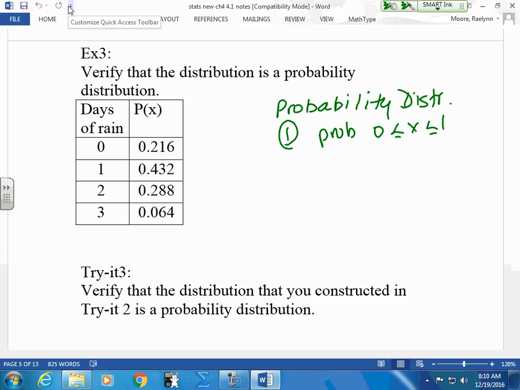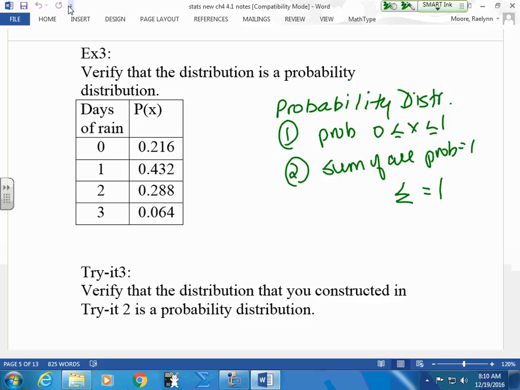Fraction, decimal, even percentages, that's fine. The second one says the sum of all probabilities for that particular thing has to equal 1. You'll see this: summation equals 1. Do we have a negative probability? No. No negative probabilities. So the minute you see a negative number, not a probability distribution.